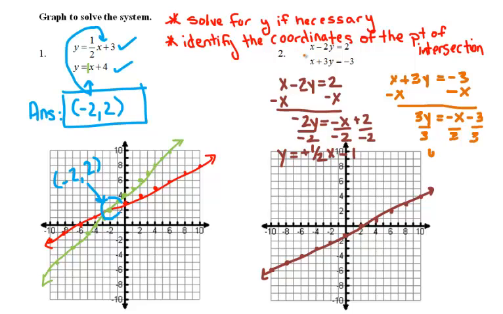So y equals negative 1/3 x minus 1. So here I'm going to start at negative 1, and I'm going to count down 1 and to the right 3, down 1 and to the right 3, down 1 and to the right 3, and then reverse it, up 1 and to the left 3.